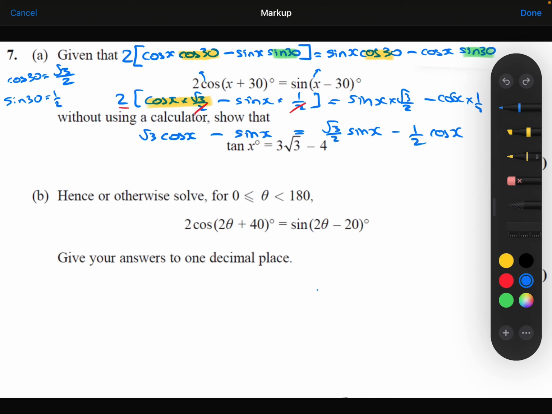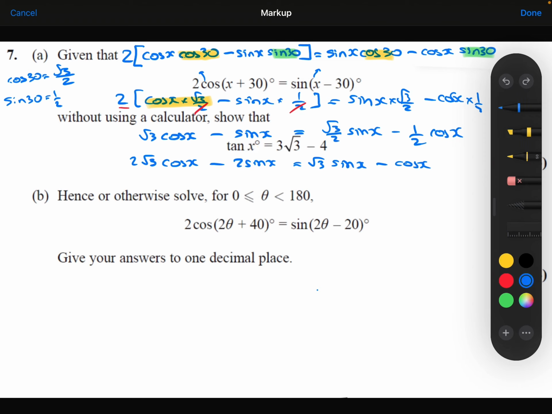So multiplying through by 2, I get 2 root 3 cos x minus 2 sin x equals root 3 sin x minus cos x. I'm now going to divide both sides of this equation by cos x, because I know I'm trying to end up with a tan x.